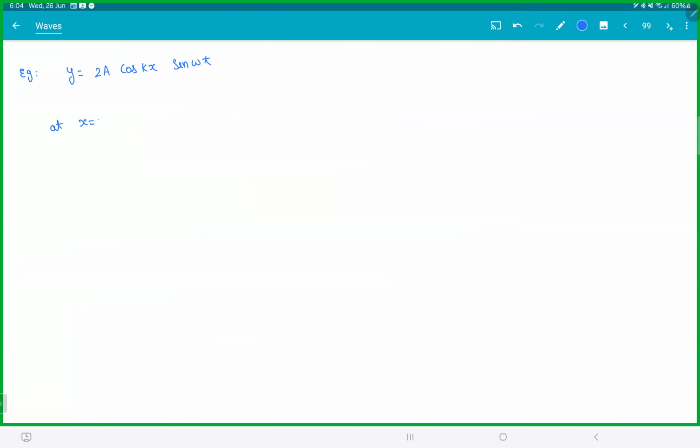So we have chosen x is equal to 0 as antinode. And at t0, all are at 0, meaning at t0, the string is at mean position. So this point has been chosen as antinode.